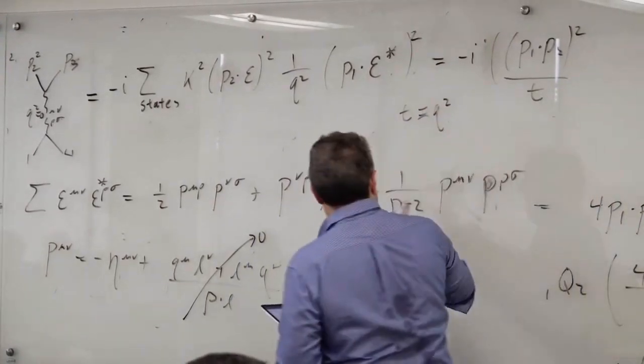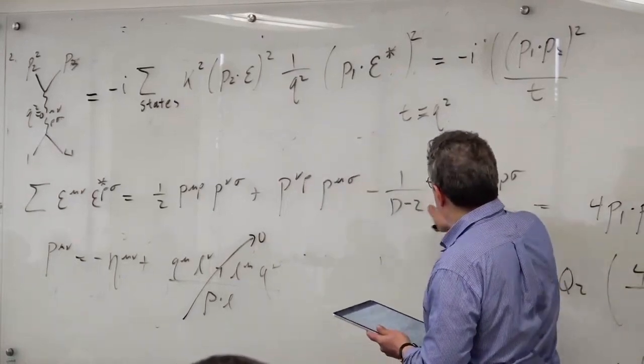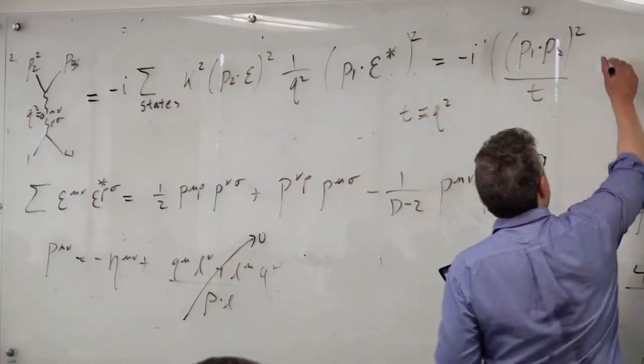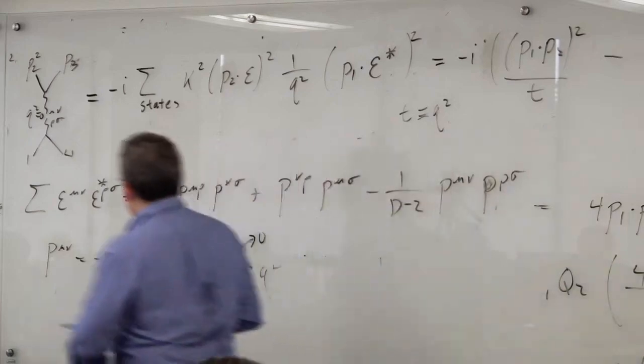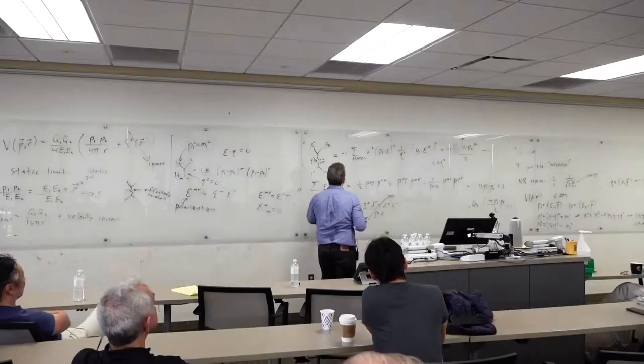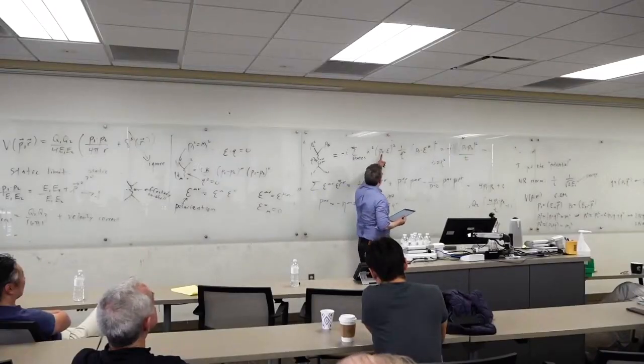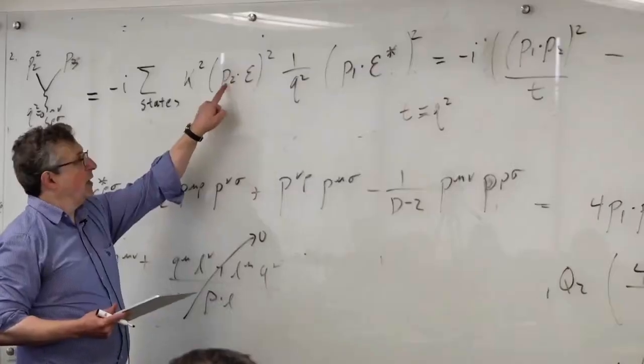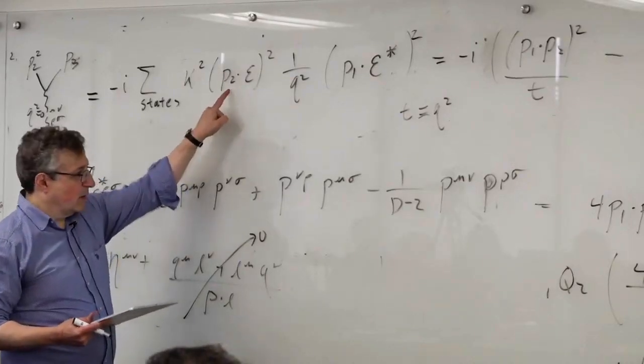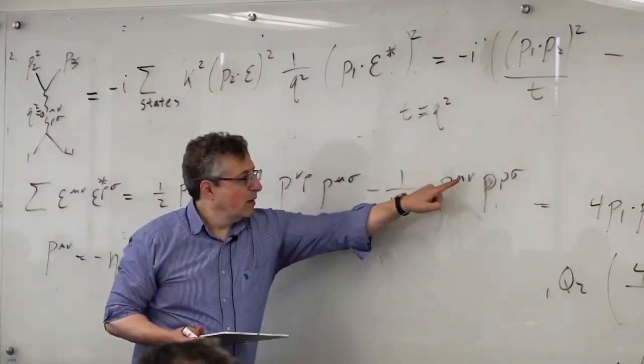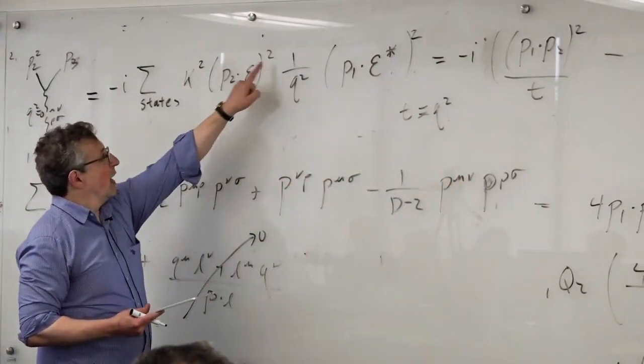But then there's this term here, 1 over d minus 2, take out the trace. If I trace it, this thing, see? So this is now contracted to itself. The P2 becomes contracted to itself because the mu and nu refer to the 2 guys you see here.